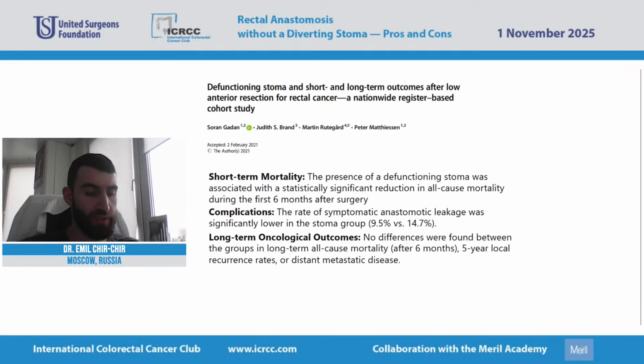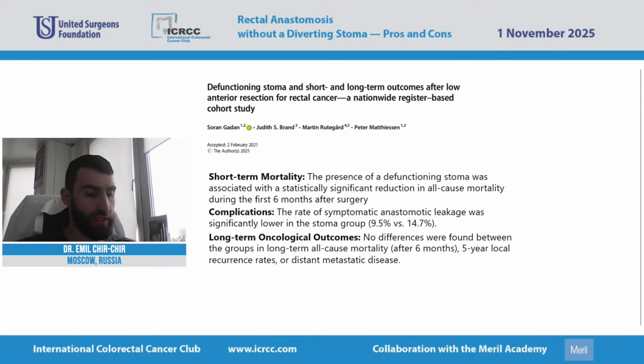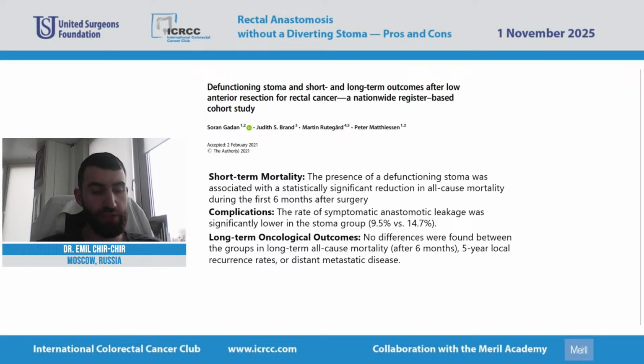Of course, when speaking about the benefits of a preventive stoma, one cannot fail to mention the cohort study from Sweden, which was conducted based on the National Cancer Registry. The results: a defunctioning stoma reduced the risk of dangerous complications and short-term mortality after LAR.